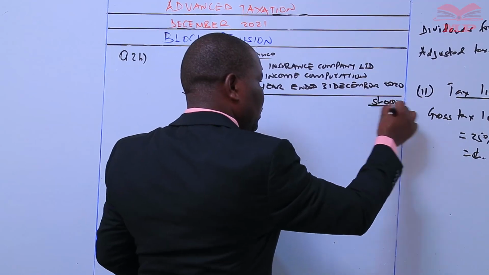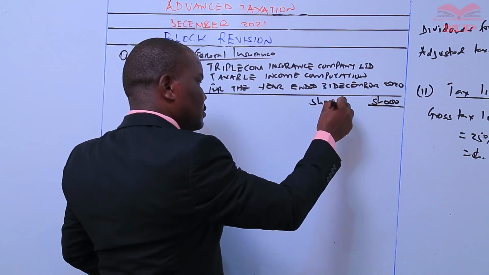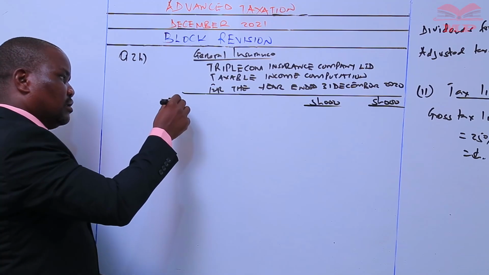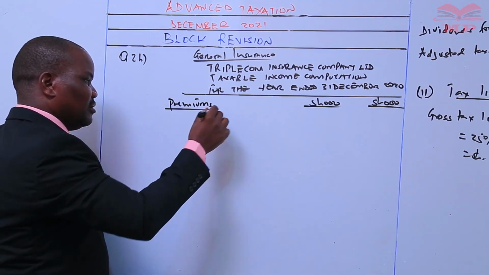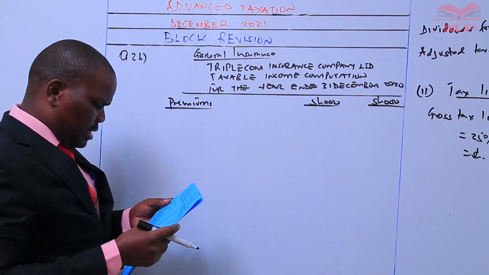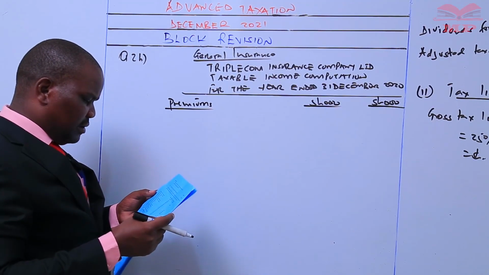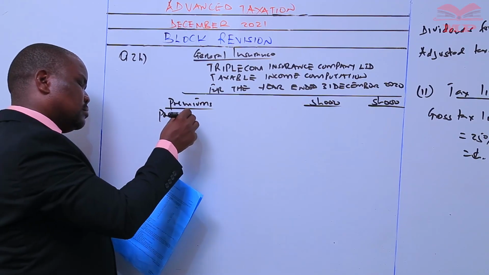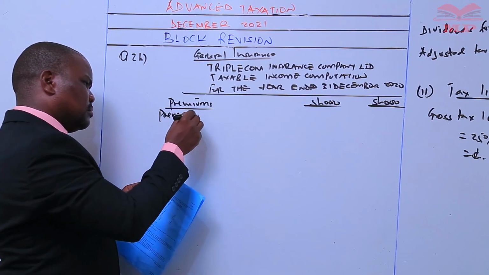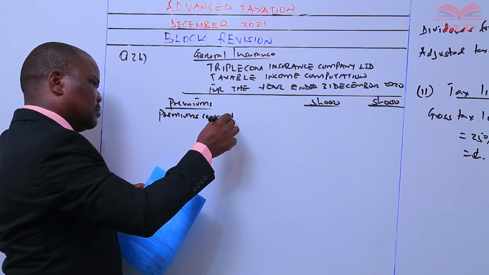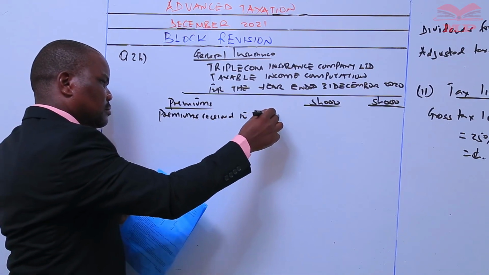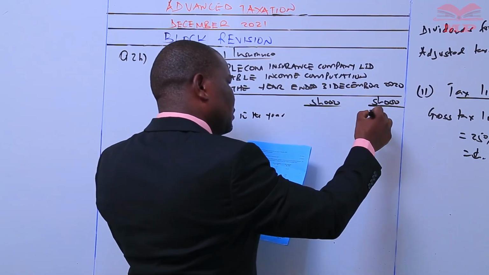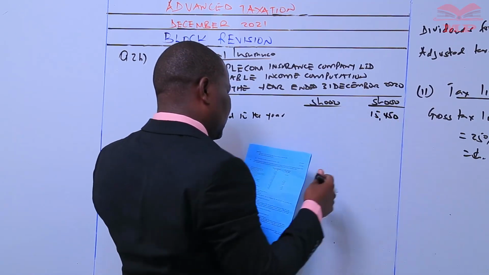We can carry 3 zeros to use in our work. So what we start with is premiums. We start with the premiums. So we work out net premiums. So we have premiums received in the year. We say here premiums received in the year as 15 for 50,000.